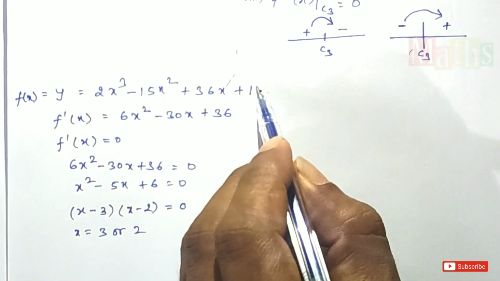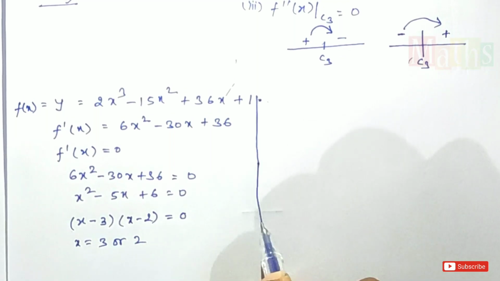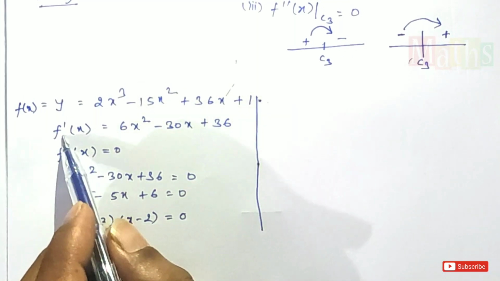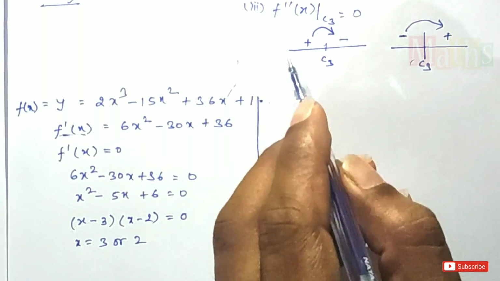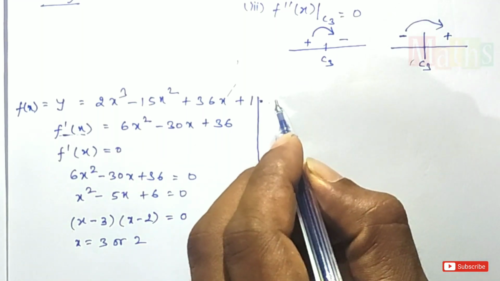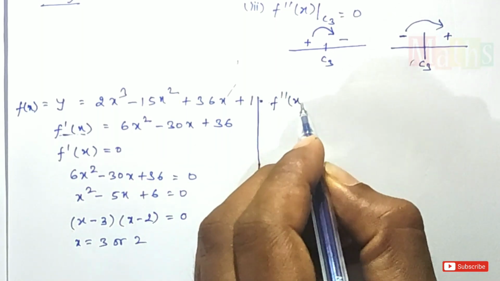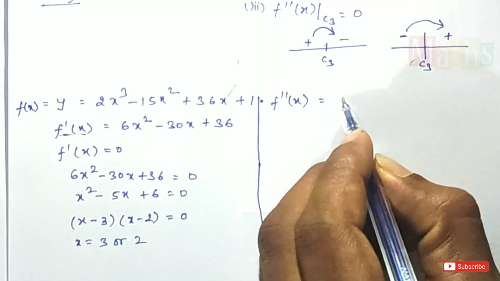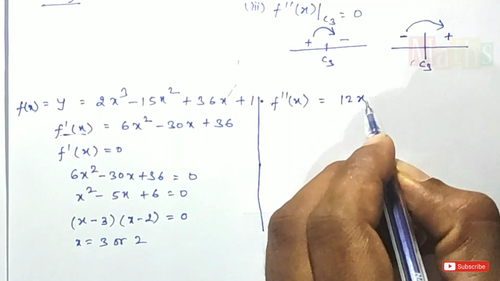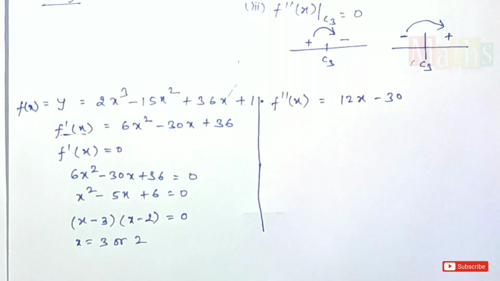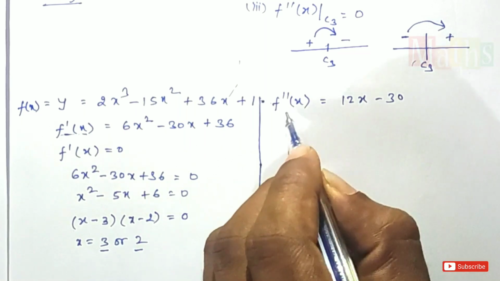And now again differentiate this with respect to x, means find the second derivative f double dash x, which is equal to 12x minus 30. And now apply these values here.